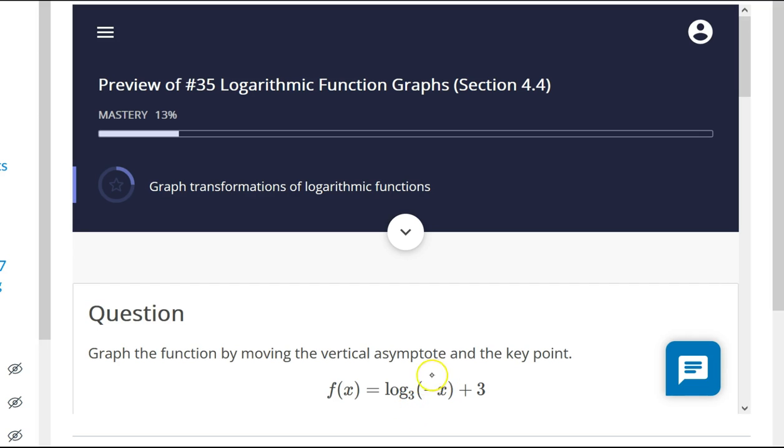But if you have something else other than x in here, then make the inside equal to 1. So whatever x requires to plug in to make the inside equal to 1, next time make the inside equal to the base, as long as the base is not a fraction, and then you would have that third hint to deal with. And also, we talked about vertical asymptote, set the inside equal to 0.